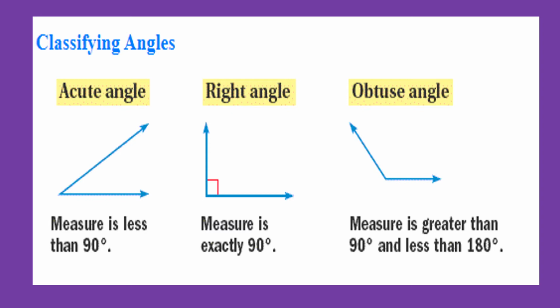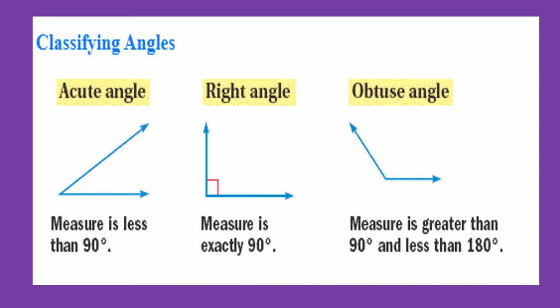What are the angles less than 90 degrees? From 1 degree to 89 degrees. So it can be 49, 55, 68, 79, but not more than 90. It must be less than 90, but greater than 0 degrees.